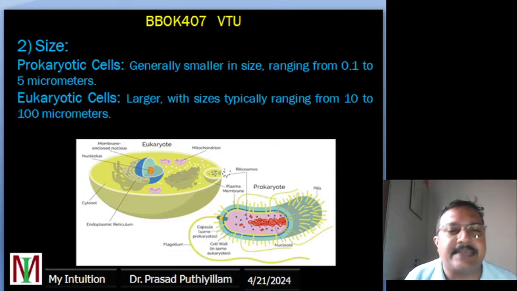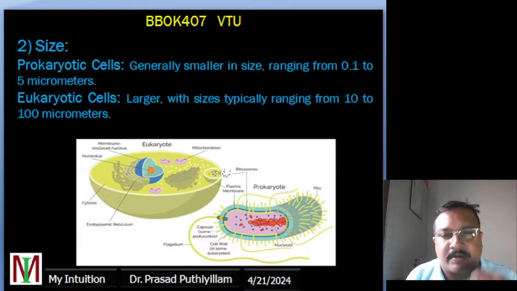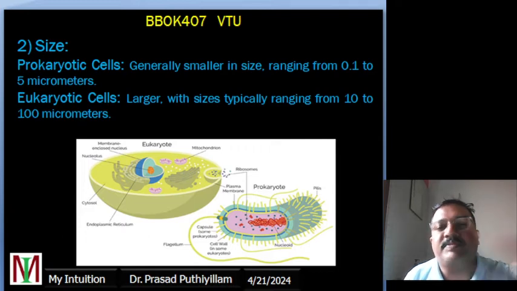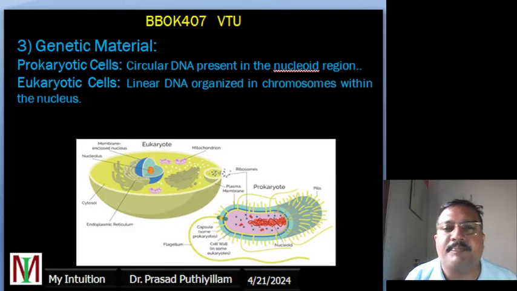The larger size allows for more complex structures and functions, but comes with the trade-off of being much slower to reproduce compared to the prokaryotic. Eukaryotic cell division, or reproduction, is slow. Then we'll see the genetic material. Genetic material, whenever we say that, it is DNA.